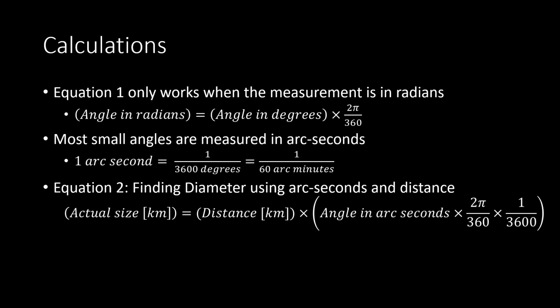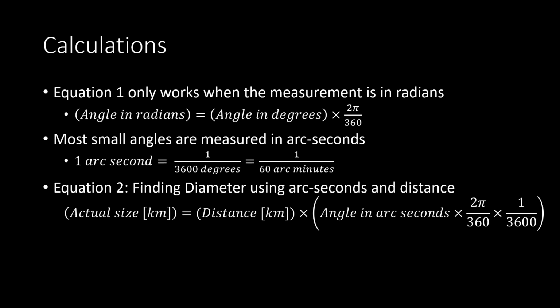So equation 2 down here is where we will need to start most of our calculations for today's lab. So we have our distance in kilometers. This will be given in the lab. We multiply that by our measured angle in arc seconds, and then first we'll multiply that by 2 pi over 360.